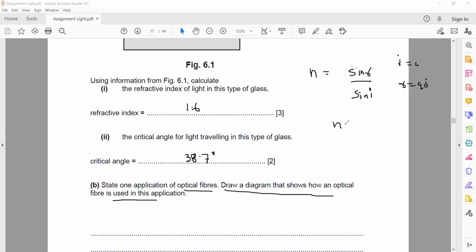When you put sine 90 in your calculator, you will find sine 90 equals 1. So that's why I directly wrote the formula n equals 1 over sine C. You can use this formula to find the angle of incidence, which will be the same as the critical angle.